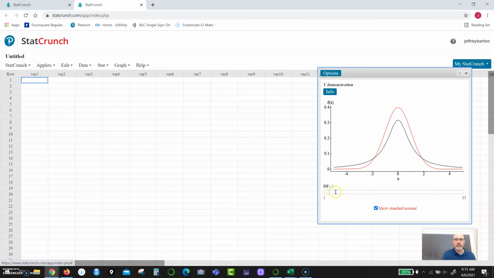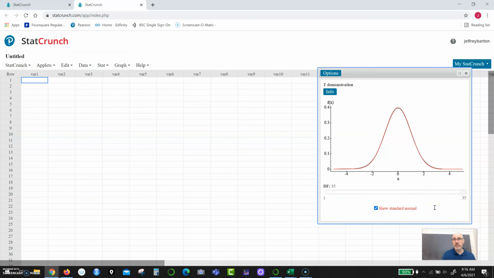Now, as we increase the degrees of freedom, so I'm just going to slide it over, you can see that the black distribution gets closer and closer to the standard normal distribution. As we increase the sample size, what's happening is the distribution is becoming more and more like the standard normal distribution to the point where this goes up to 35.